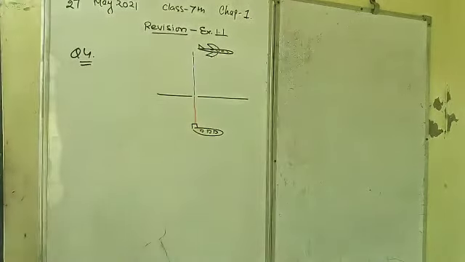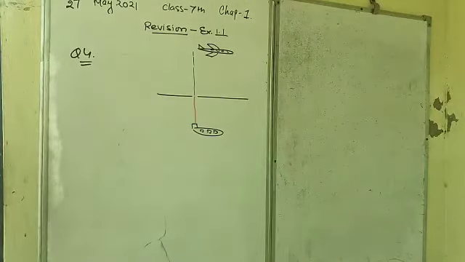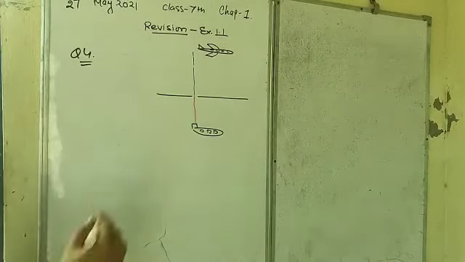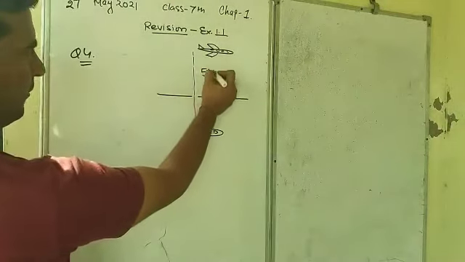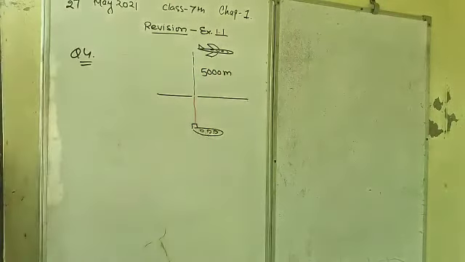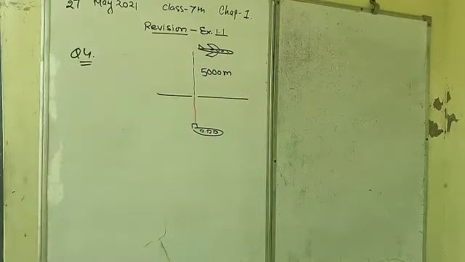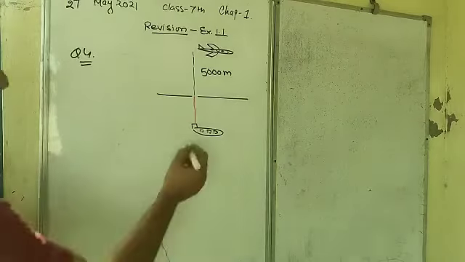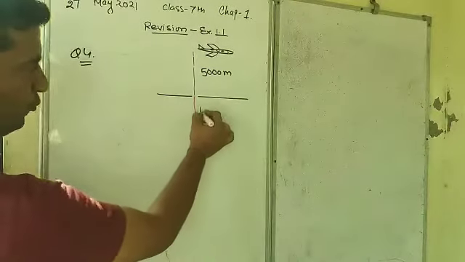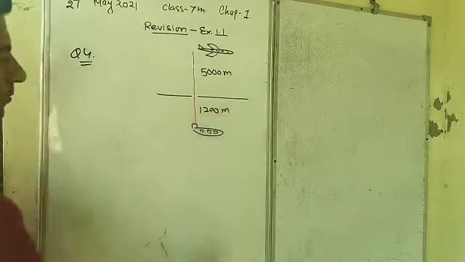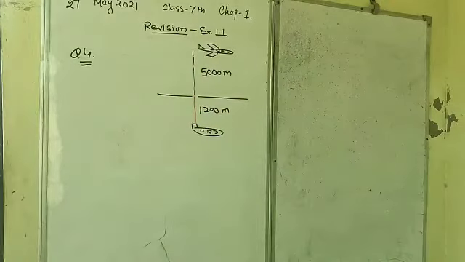Now look at this. A plane is flying at a height of 5,000 meters above the sea level, and at a particular point is exactly above a submarine which is 1200 meters below the sea level. Then what is the vertical distance between them?